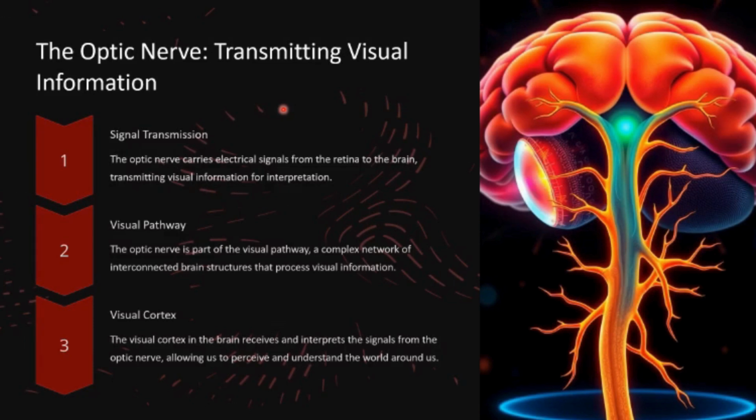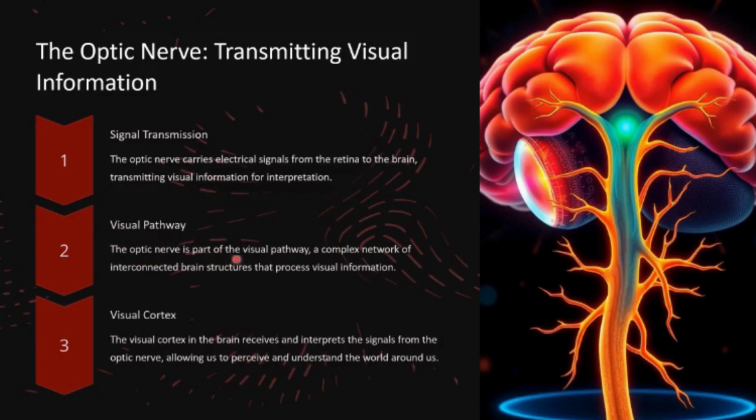But whereas the lateral sides of the temporal retinas are present at the lateral sides, which are on the same side, they do not cross. So signal transmission: the optic nerve carries the electrical signal from the retina to the brain, transmitting visual information for interpretation. Then we have the visual pathway.